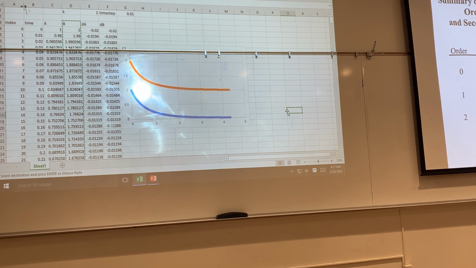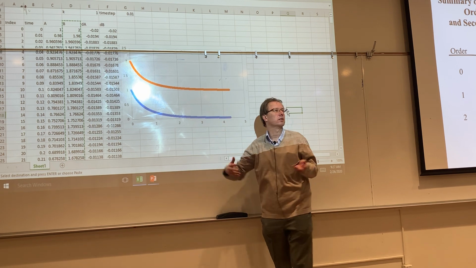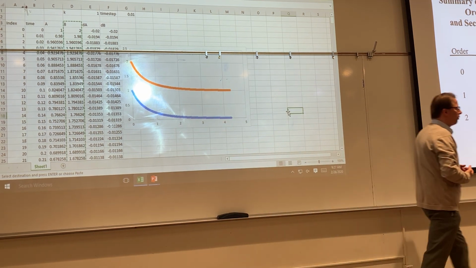And here we have the concentration of B, and you get it. Ultimately the A will run out, B is still present, but there is then no conversion anymore.